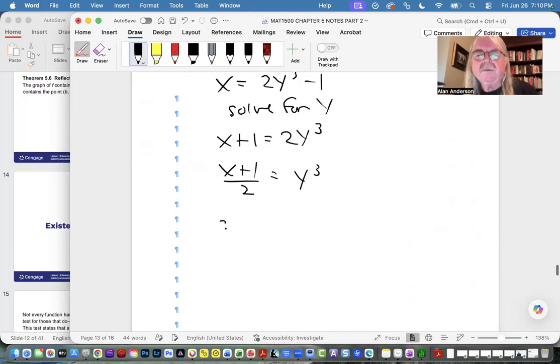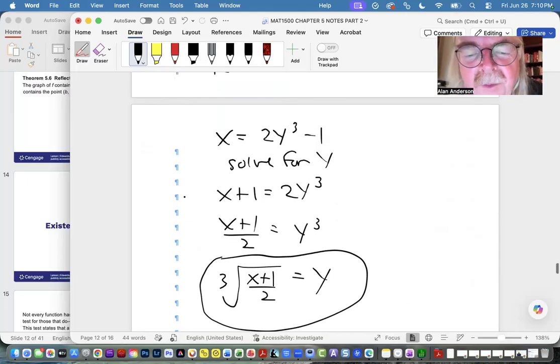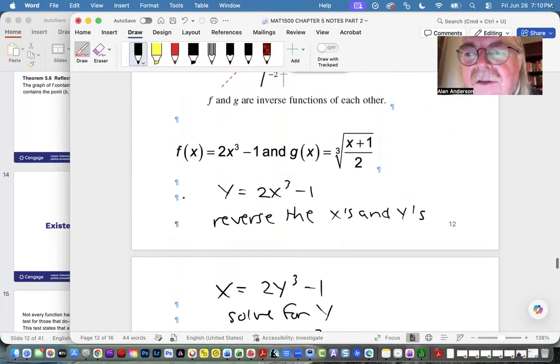Now I take the cube root of both sides, and I have my result. And guess what? That's the same one they give us: cube root of (x plus 1) over 2. Yeah, there it is. That's the most straightforward way of finding it.